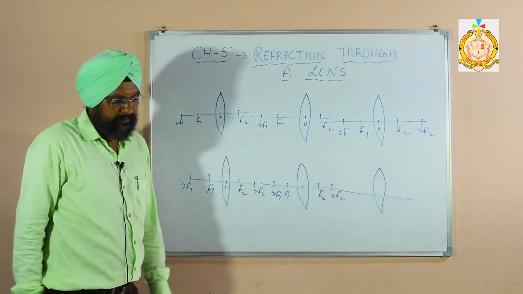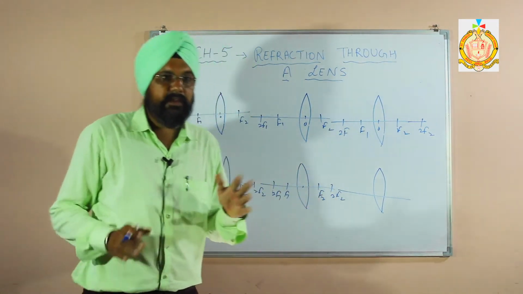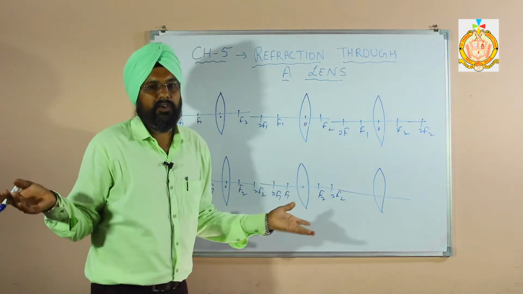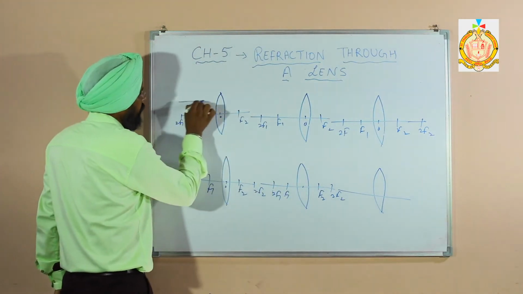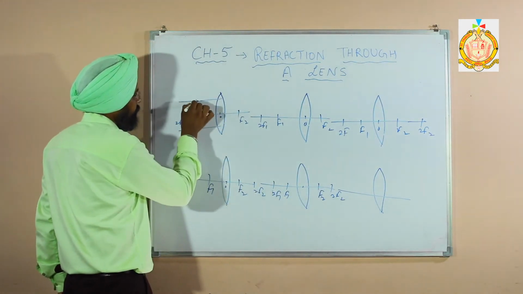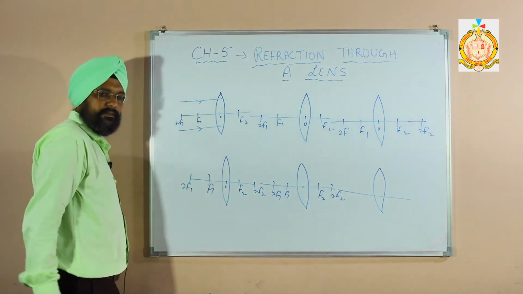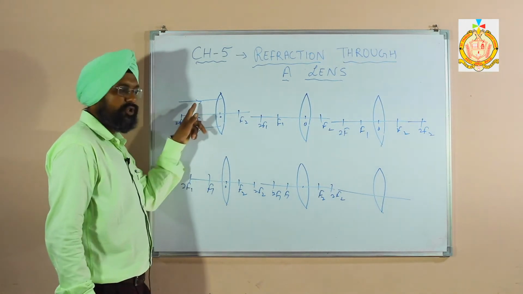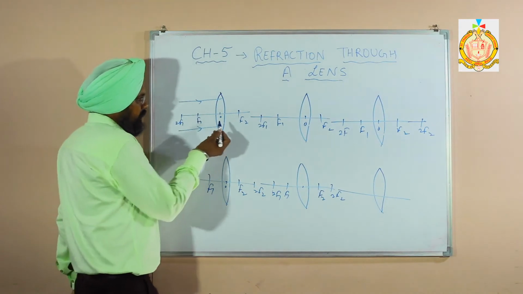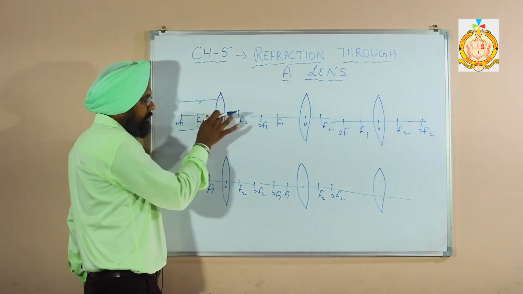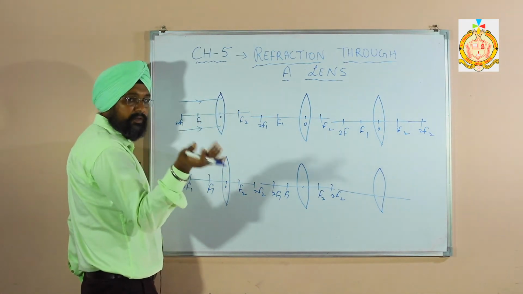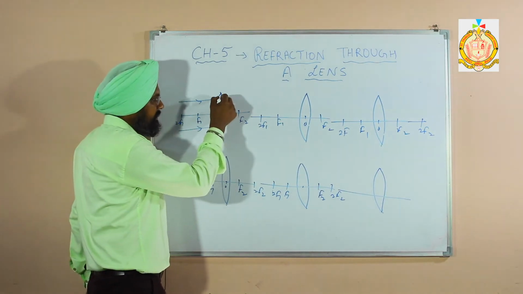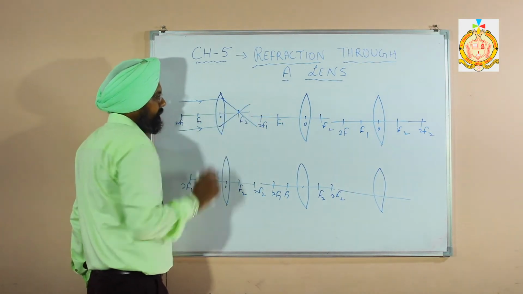The first one is when the object is at infinity. We don't know where the object is, so all the rays will come parallel according to the rules, and the arrow should be there on the ray. If the rays are parallel to the principal axis, from where will they pass? They will pass through the second focus.